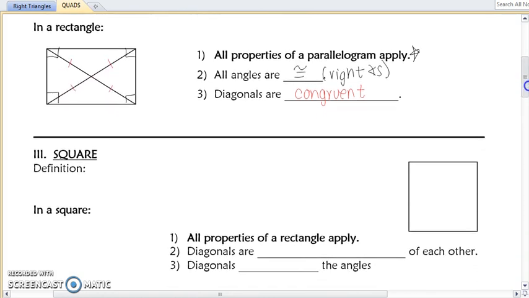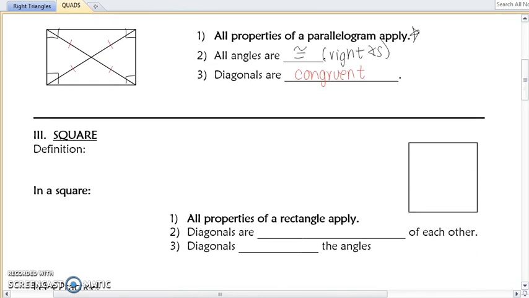Okay, so now talking about our square. Continuing on with our square, our definition of our square is just an equiangular and equilateral parallelogram.